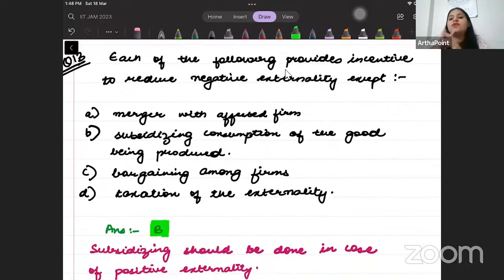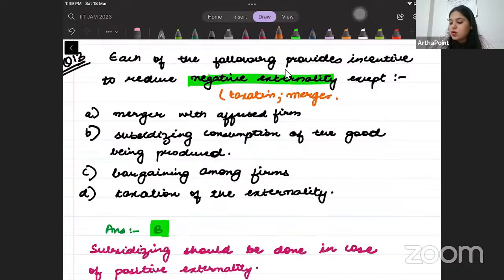It says each of the following provides incentive to reduce negative externality except. So how do you remove negative externality? Only when you have taxation involved, or merger, or property rights, isn't it?